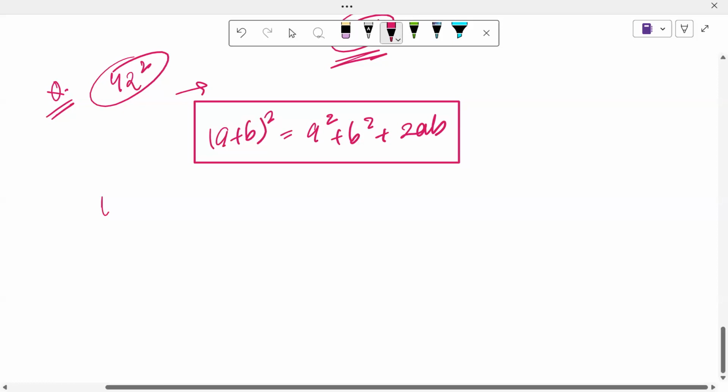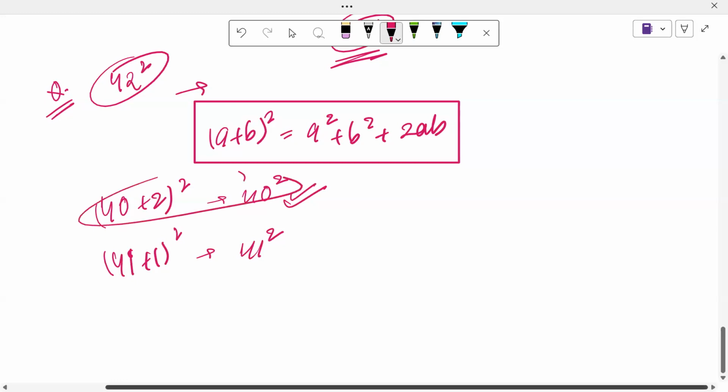But now, Amar, just tell me which is easier to solve. When you do this, you will get 40 square, and when you do this, you will get 41 square. Now, which is easier to do, 40 square or 41 square? 40 square. Yeah, this is the simpler method. So just follow this.